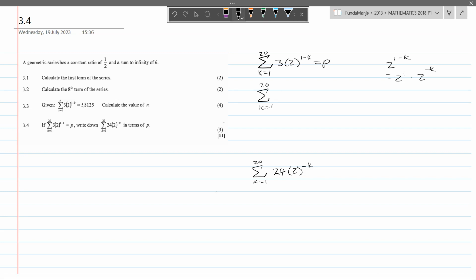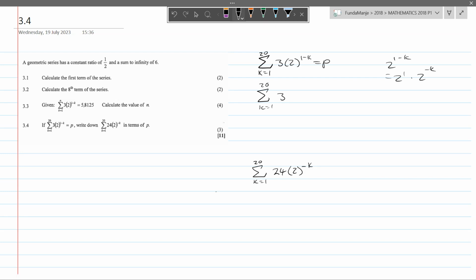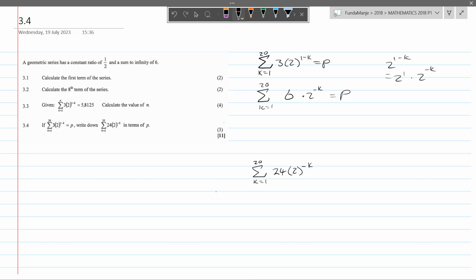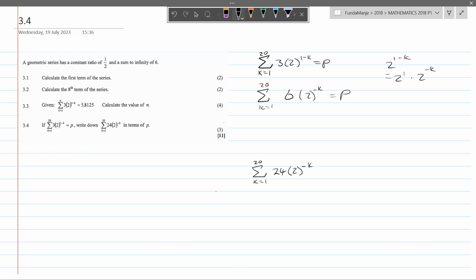And if we express that over here, we'd have 3 multiplied by 2 to the minus k is equal to p. But this can be simplified with the 3 times 2. This is 6 multiplied by 2 to the power of minus k, if you want to represent multiplication by brackets. This is equal to p.